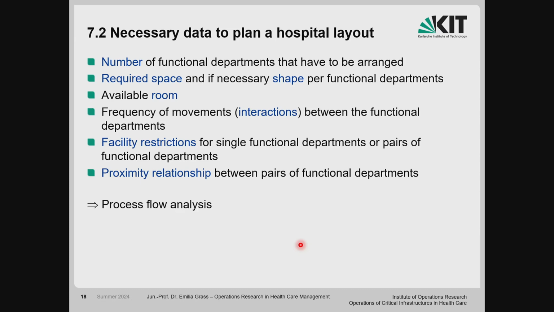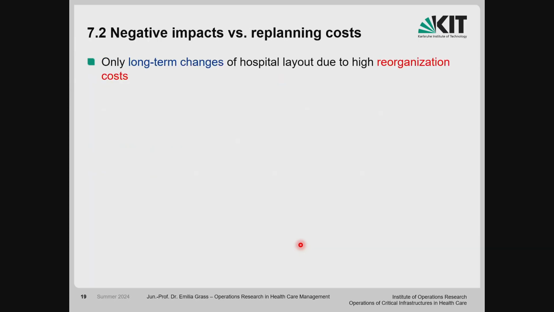And then this means that we have this kind of process flow analysis, which is a systematic approach used to understand but also optimize the flow of materials, in our case patients, but also information within a hospital. This is used to identify simply some kind of inefficiencies, some kind of bottlenecks, but also areas for improvement. This is often used within the hospital.